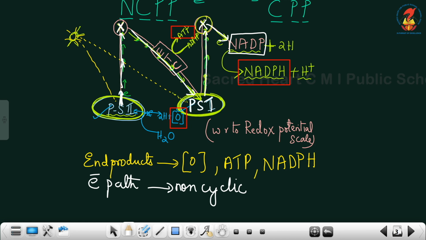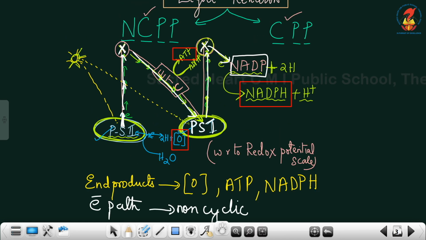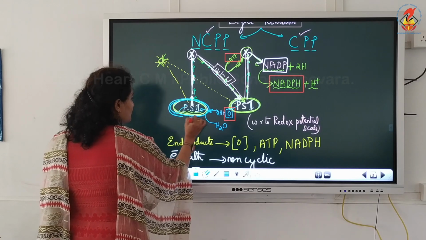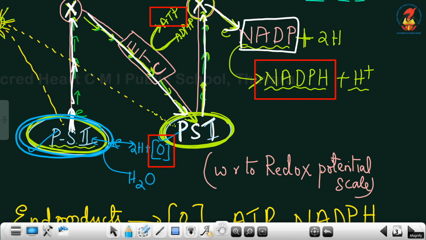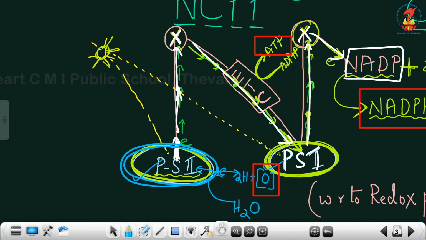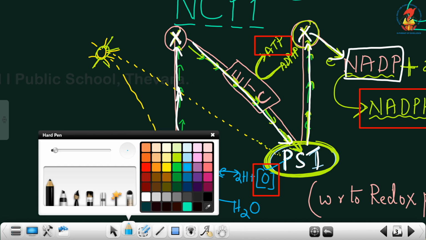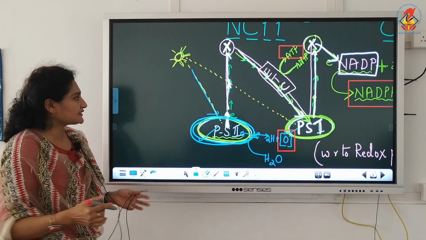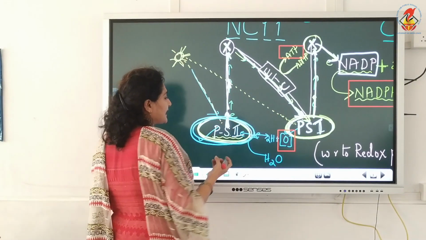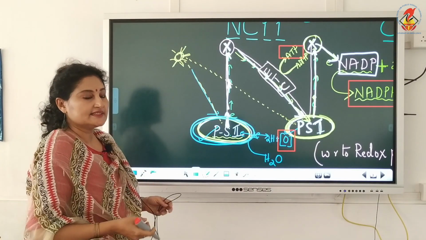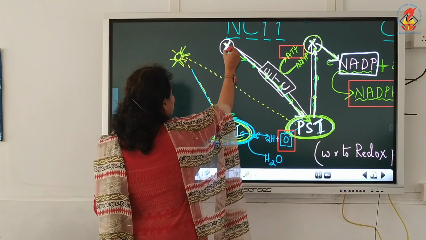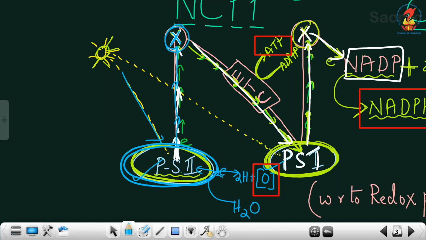So now I am reiterating, a recap of the process. First, photosystem 2 is illuminated by the sun's light. And when photosystem 2 is illuminated by the sun's light, an electron is excited. When it is excited, it is emitted and it is accepted by an electron acceptor.